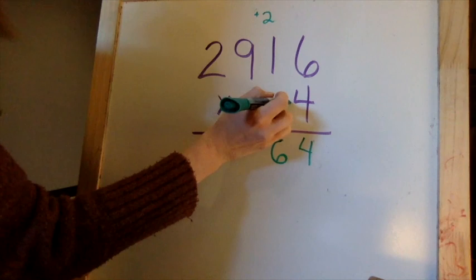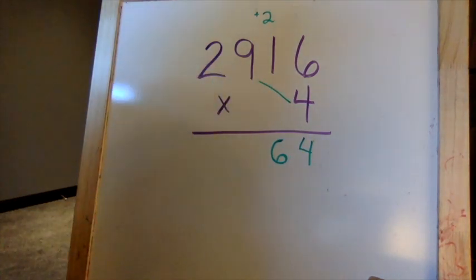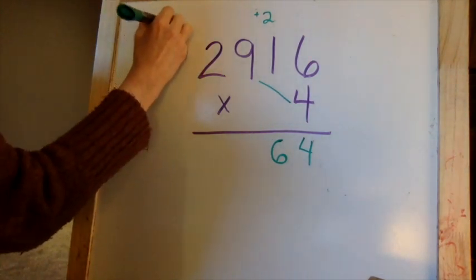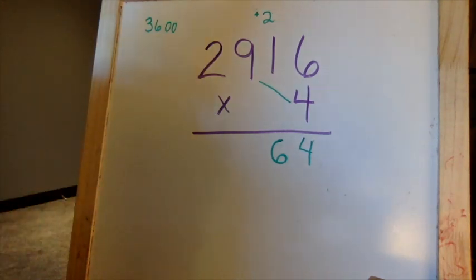Now I move on to my hundreds. 4 times 900. So 4 times 9 is 36. 4 times 900 is going to be 36 with 2 zeros on it. 3,600.